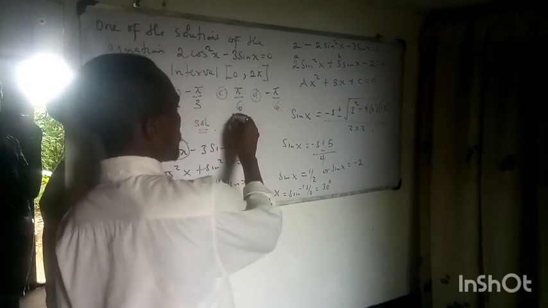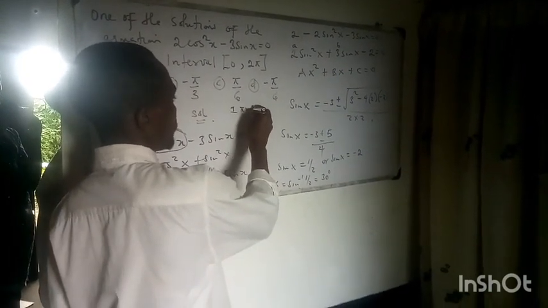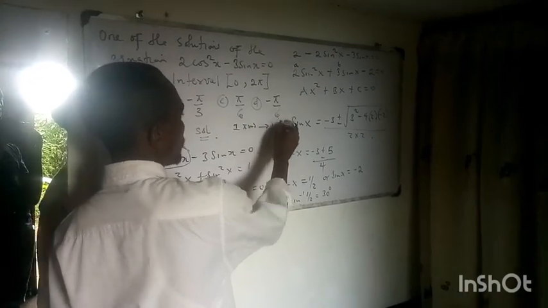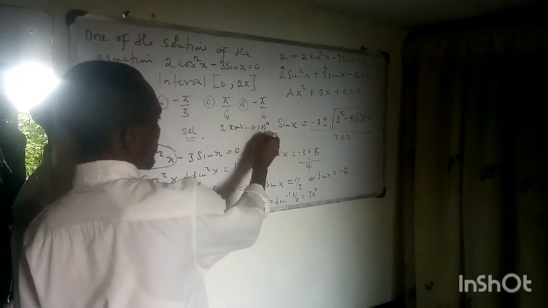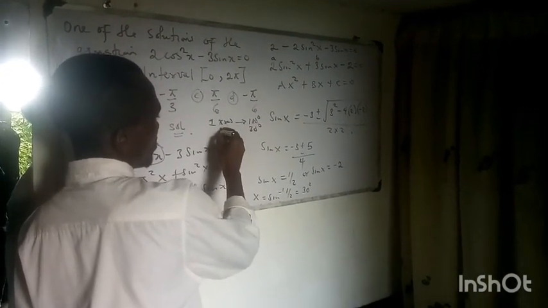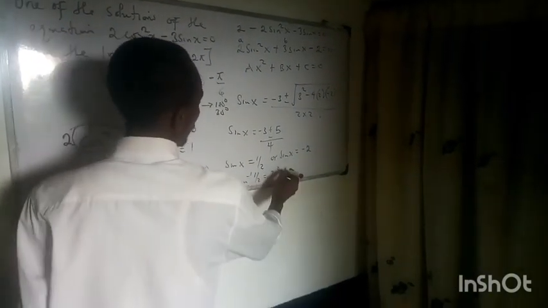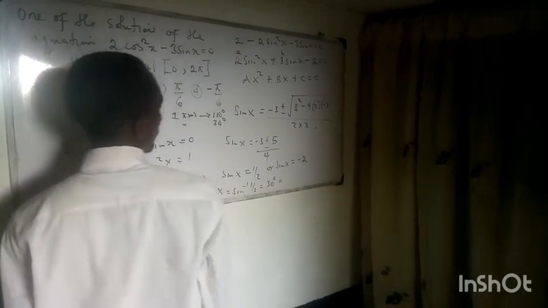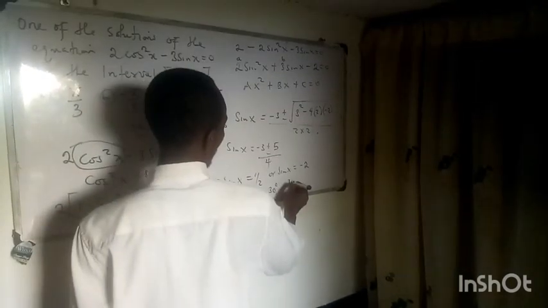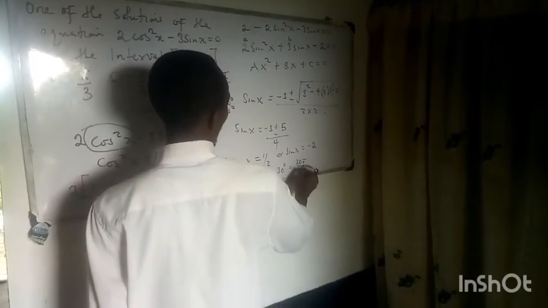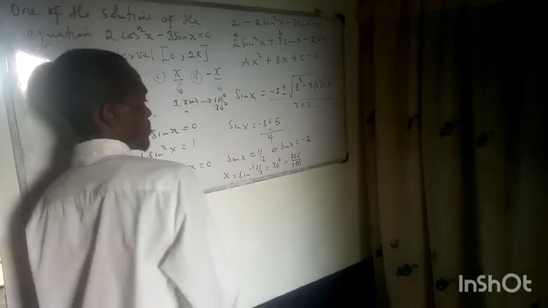Don't forget, 1 pi rad is 180 degree. So 30 is simply going to be 30 pi over 180.